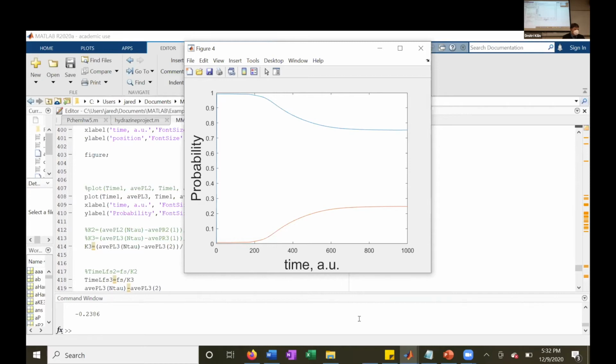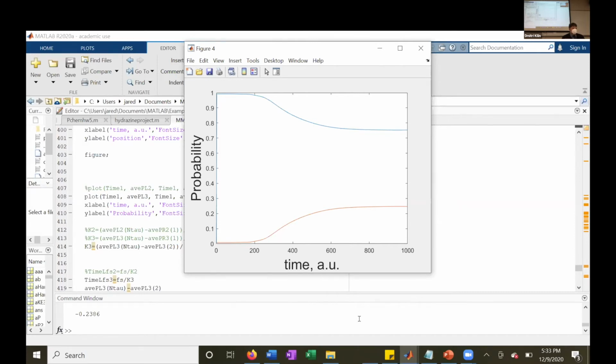So the question is how to extract the rate out of this curve. If it is not straight, find the slope. Yeah, it would make sense. So it rises from 0 to 0.25 in about 200 units.